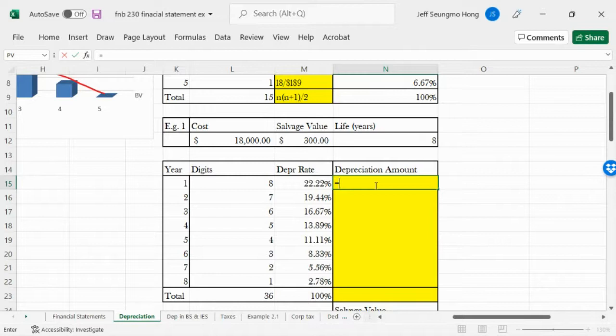Then, again, depreciation base times the rate.